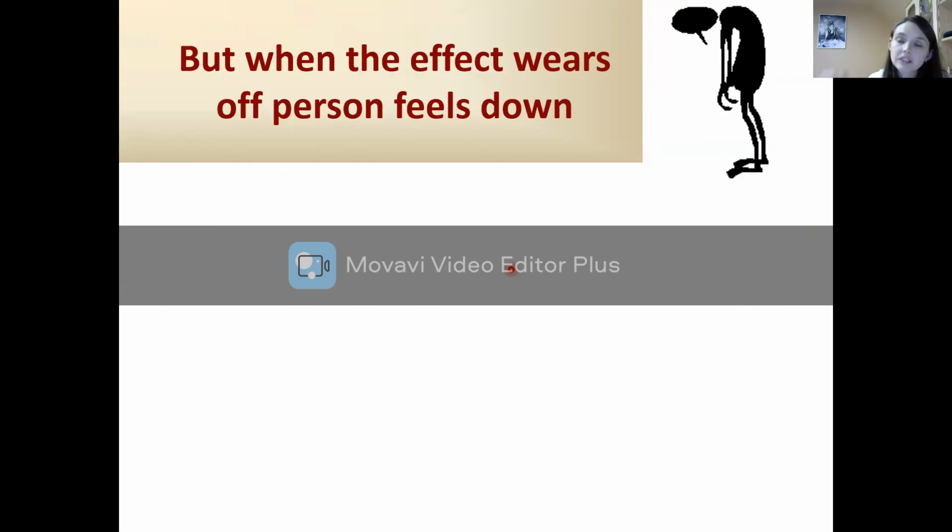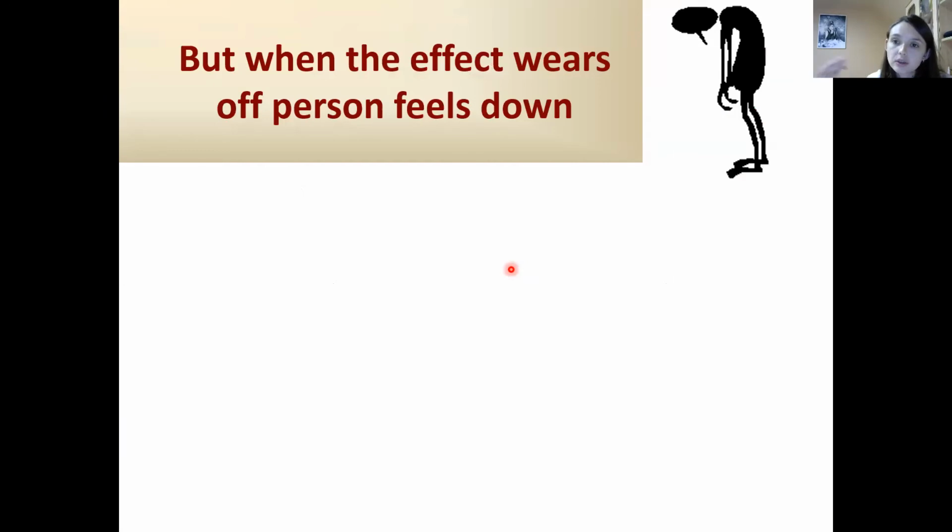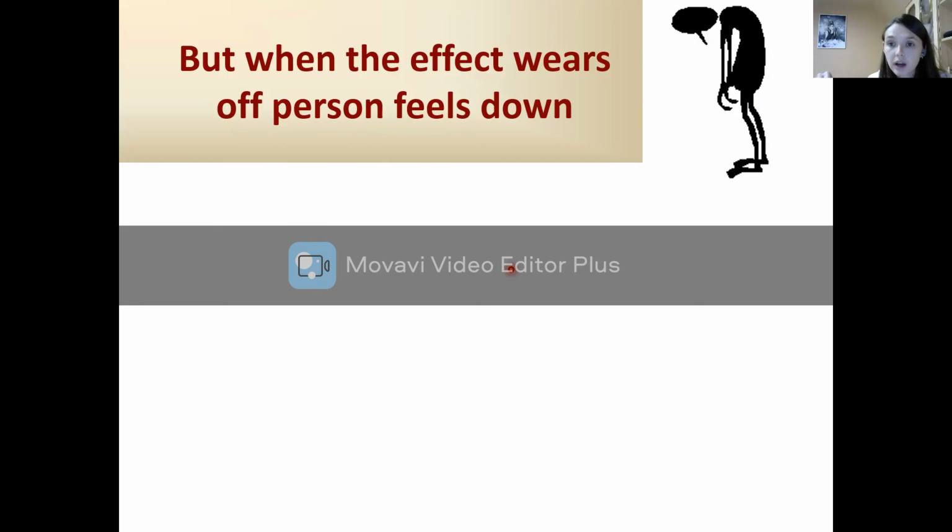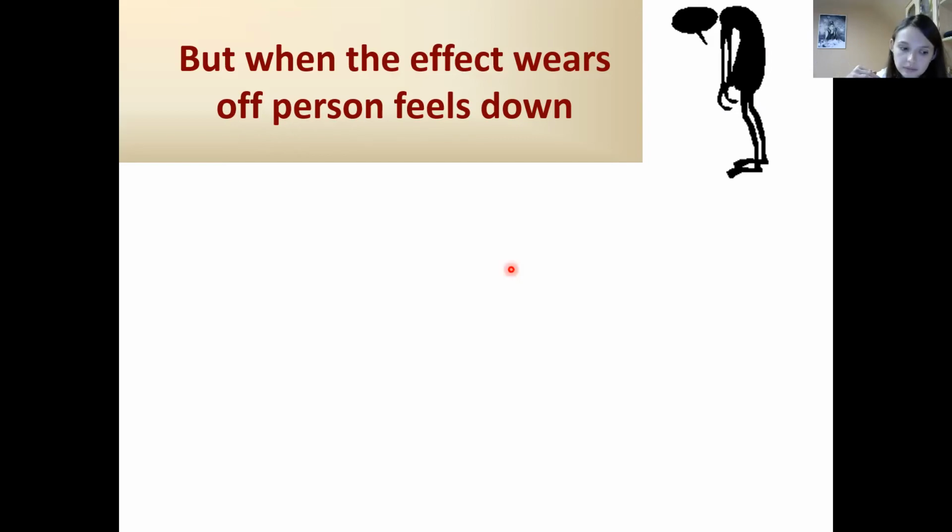That is why they need more amphetamines, they need to increase the dosage, and by increasing the dosage the person will feel more euphoric, but at the same time when the effect drops down, the person will feel worse every time, worse and worse.